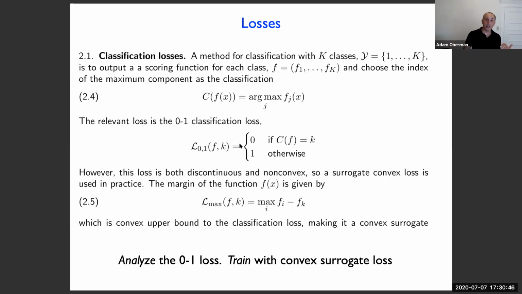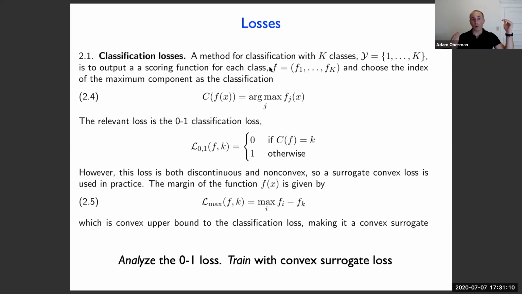So instead, in machine learning theory, you use a convex surrogate loss. A typical one is the difference between the argmax, which is your classification, and the true label. The way we do multi-class classification is we have k different functions, which you can think of as score functions.